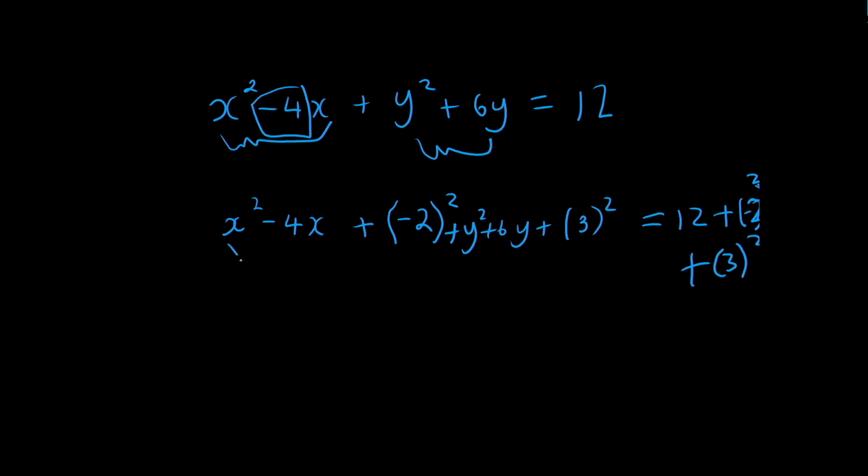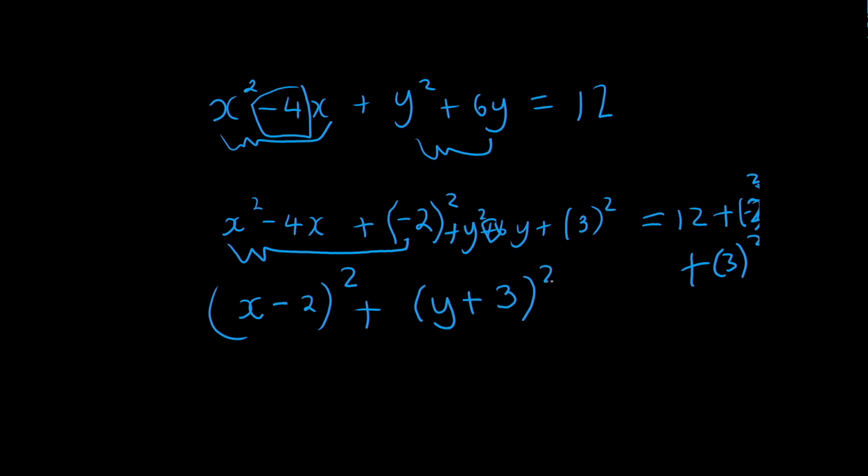Okay. Now on the left-hand side, we can factorize. x squared minus 4x plus minus 2 squared is just going to give me x minus 2 squared, where we take the sign of the middle term, plus y squared plus 6y plus 3 squared gives y plus 3 squared, is equal to 12 plus 4 plus 9.